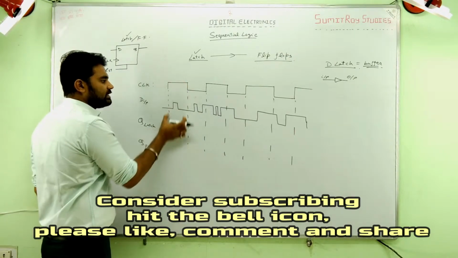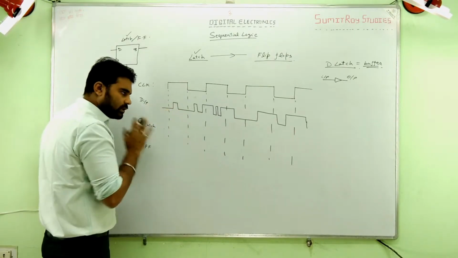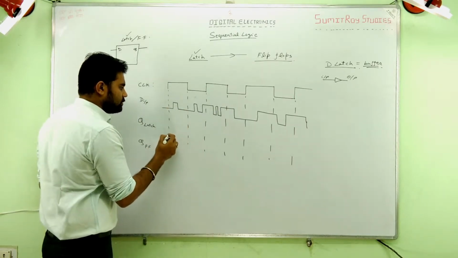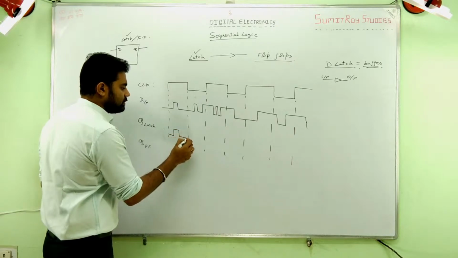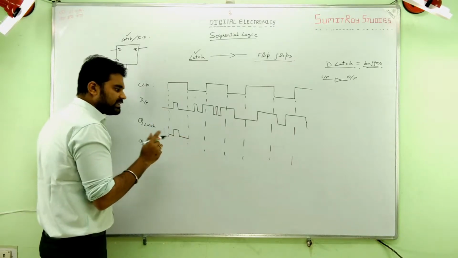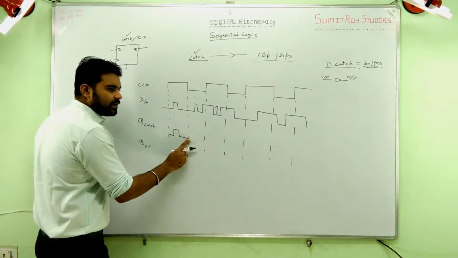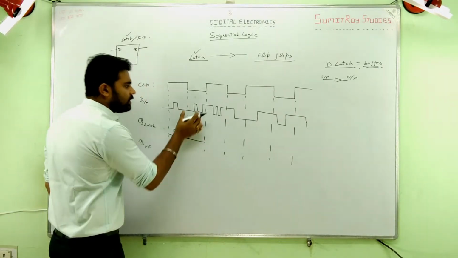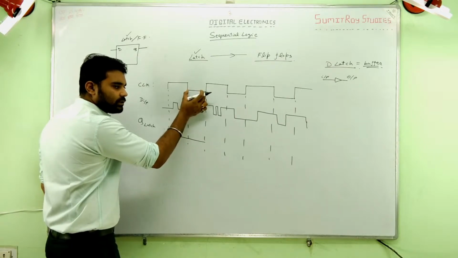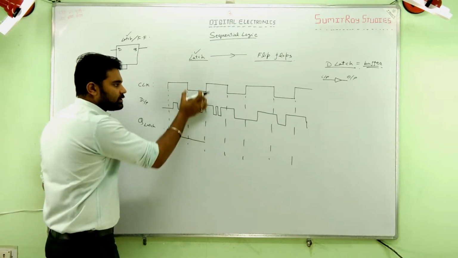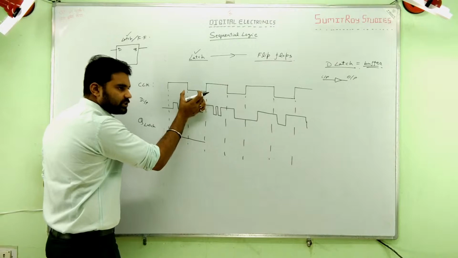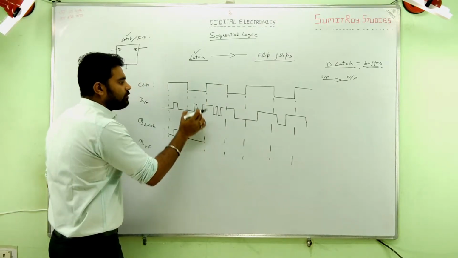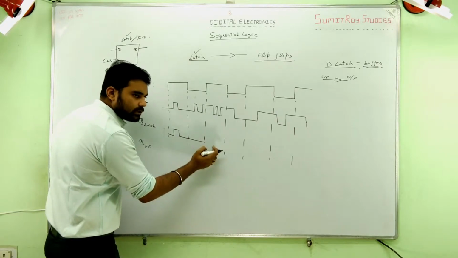So when it is high, nothing to worry about, copy and paste it. Now here is the catch: if it ends at 0, that is low level, it will continue as low level when the clock is low. It cannot change during low clock. So if it finishes at high, it will continue as high. If it finishes as low, it will continue as low.